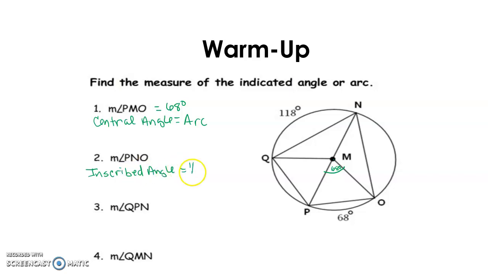And I know that it is equal to half of the arc that is captured. So I start at P, I trace to N, O. From P to O, this is the arc that is captured by this angle. And it's going to be half of that 68 degrees. So this one right here is 34 degrees.